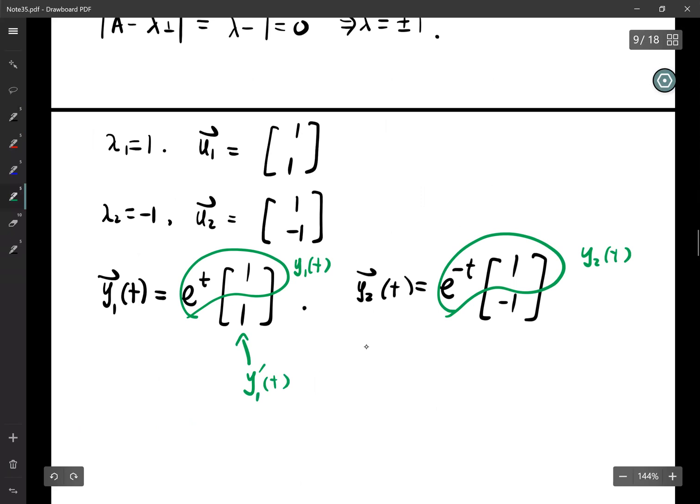Indeed, take the derivative here. This is exponential t, so it's indeed y1 prime t is y1t. And take a derivative here, this is minus 1, so again a minus sign appears automatically. So indeed, the two solutions agree with each other. Any question?